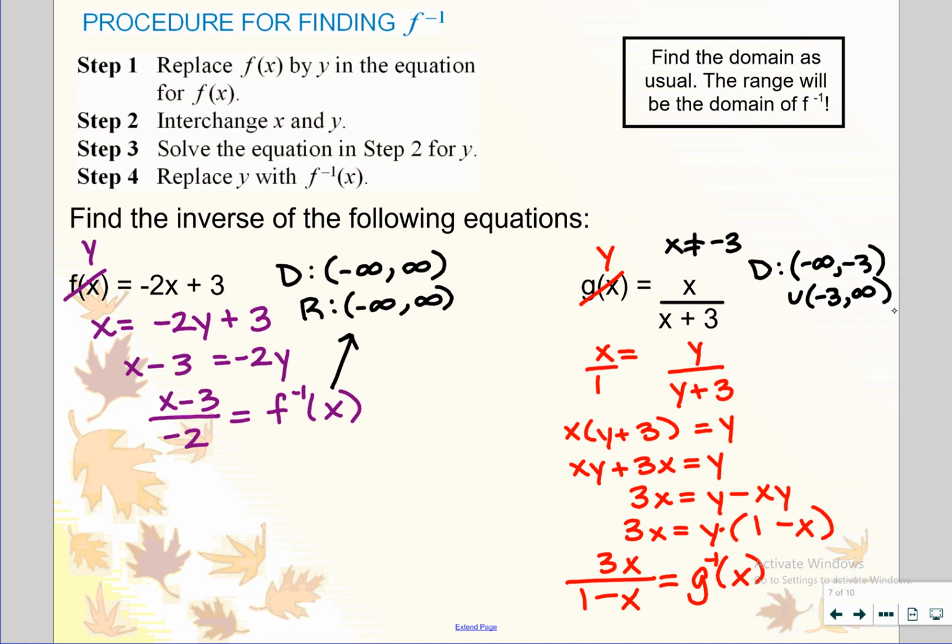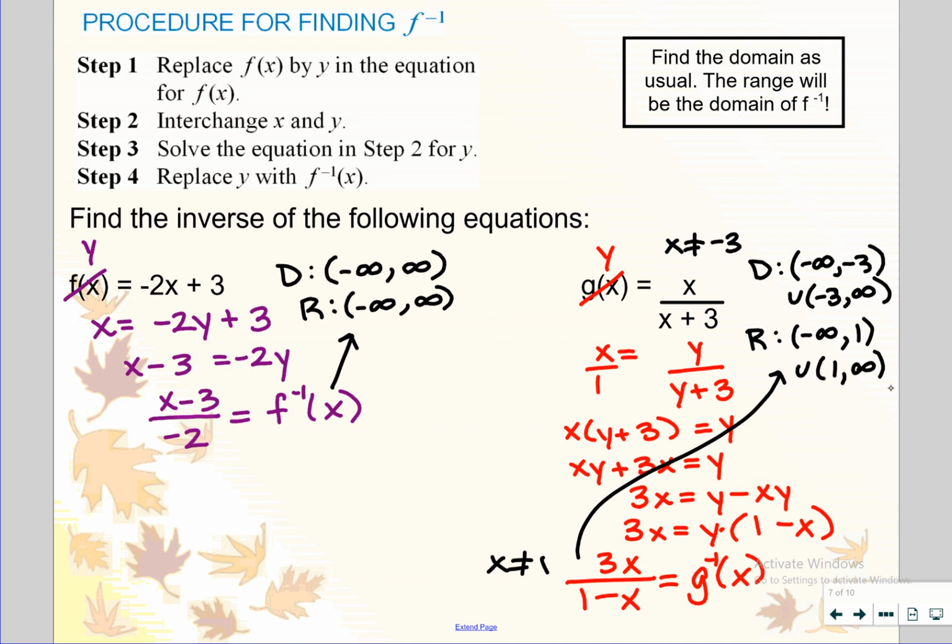Okay. Now the range is something that even with a graphing calculator is pretty hard to figure out because there are asymptotes on this graph and everything. But you can use g inverse to help you. What can x not be in g inverse? 1. So the range of the original function is everything except 1. -infinity to 1 and 1 to infinity.